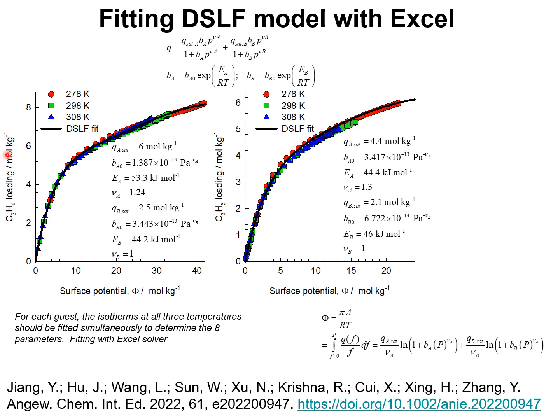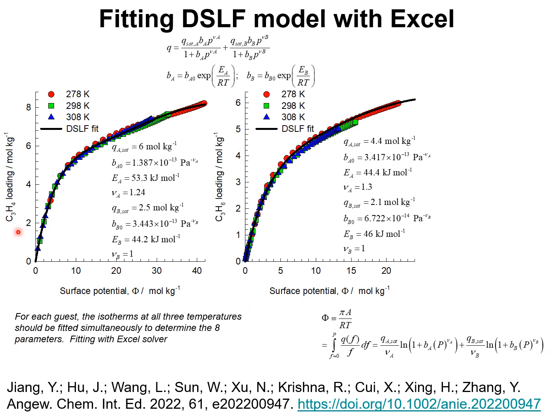The graph here plots the molar loading as a function of the surface potential. The surface potential is the proxy for the spreading pressure, and for the dual site Langmuir model, the analytic expression for the surface potential is derivable and is shown here.